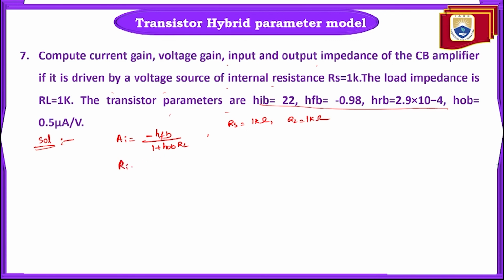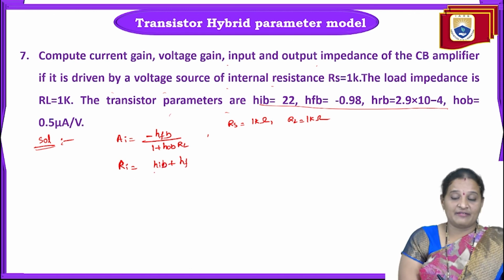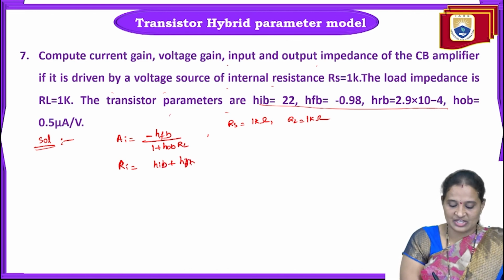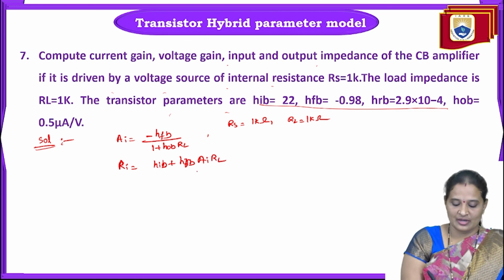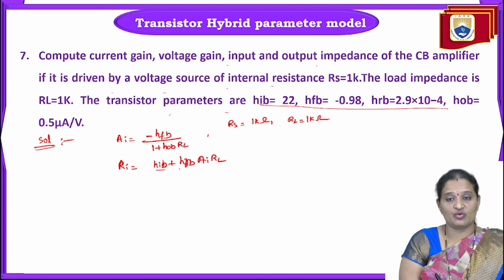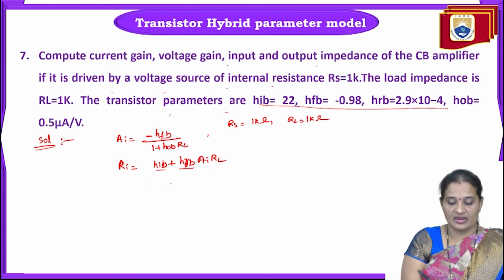And similarly RI. What is RI? HIB plus HRB into AI into RL. We know the HIB value, and the HRB value is given. Substitute all these values, and we can find out RI.